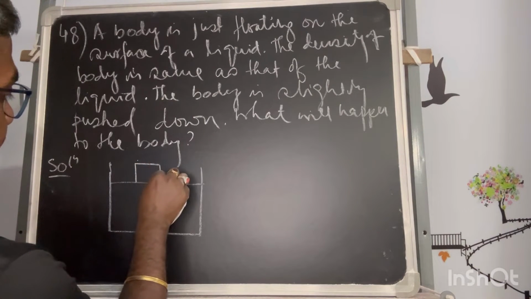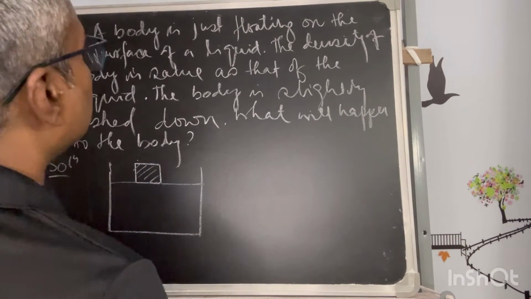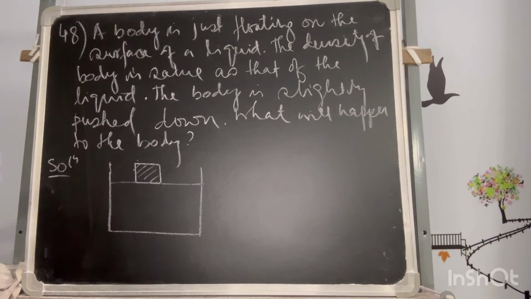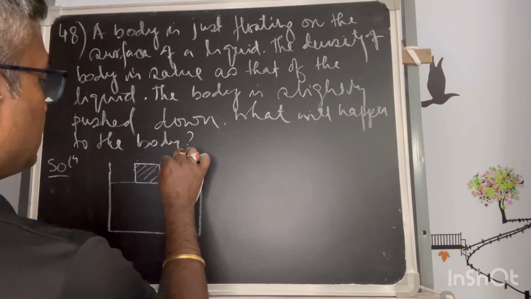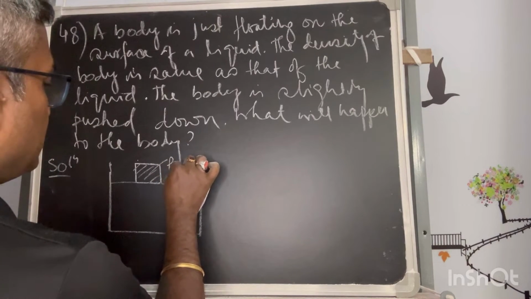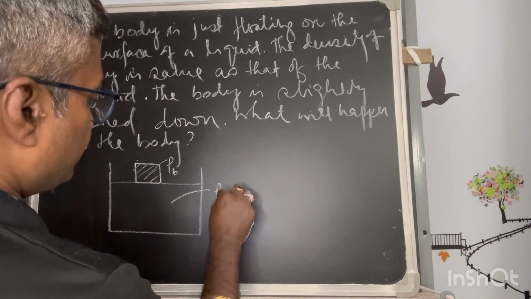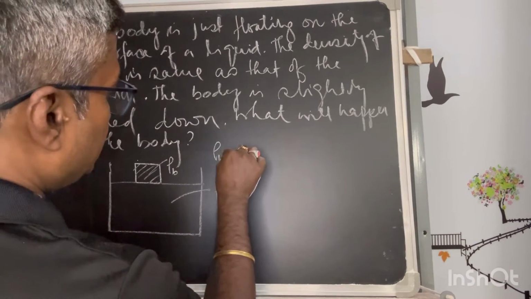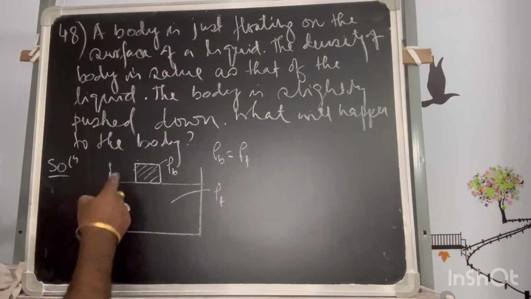It is floating just on the surface of the liquid, like that. Okay. The density of the body is same as that of the liquid. So if the density of this body is rho B, density of the liquid is rho F, so rho B V is equal to rho F V.